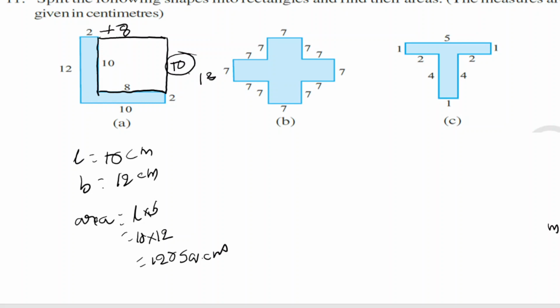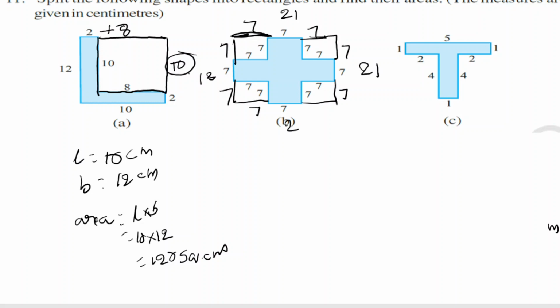And next, coming here, all the sides are given as 7 centimeters. So here this formed a square whose side is 21.